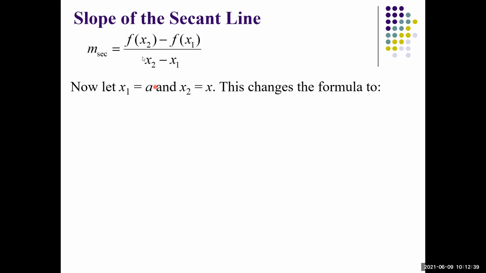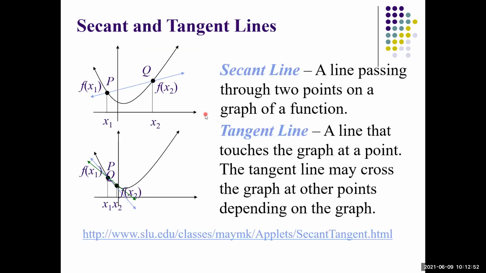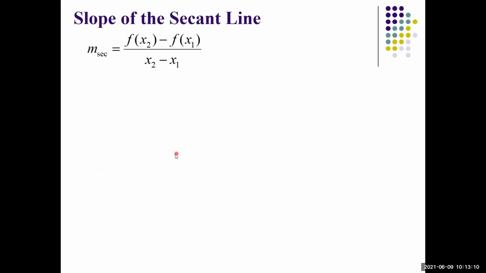Now, to make things clearer, we want to change the notation a bit to help understand. One point is fixed. Notice that in the previous slide, P is fixed and Q is moving. So at x1, let me call this A, just a fixed constant. In Q, the x coordinate of Q varies.